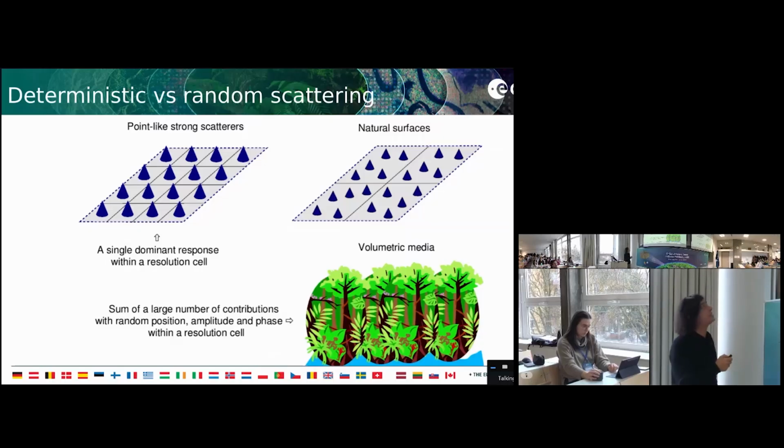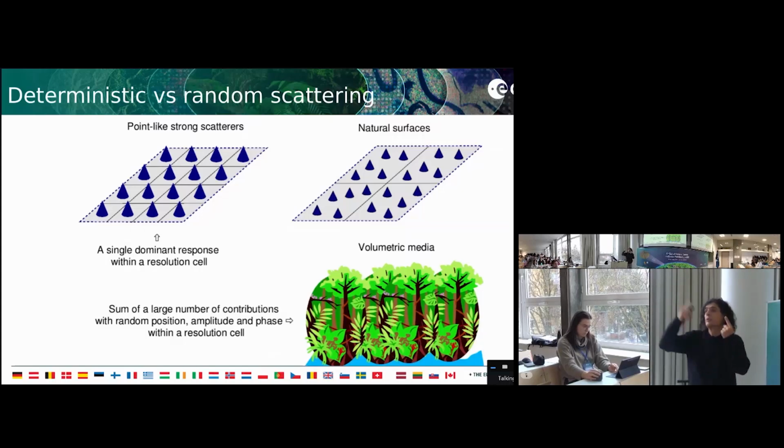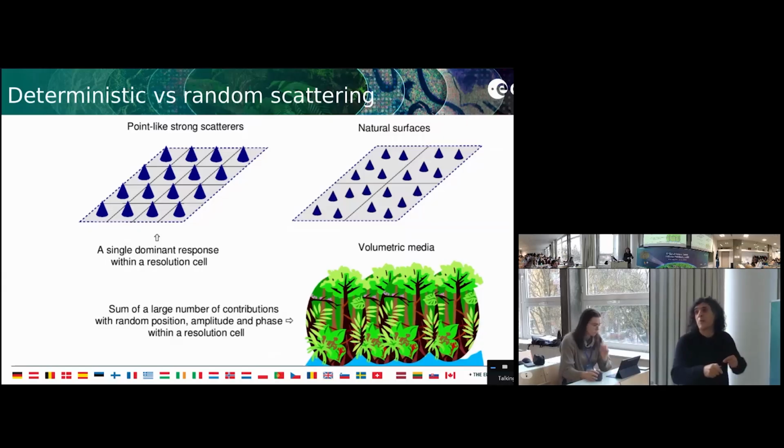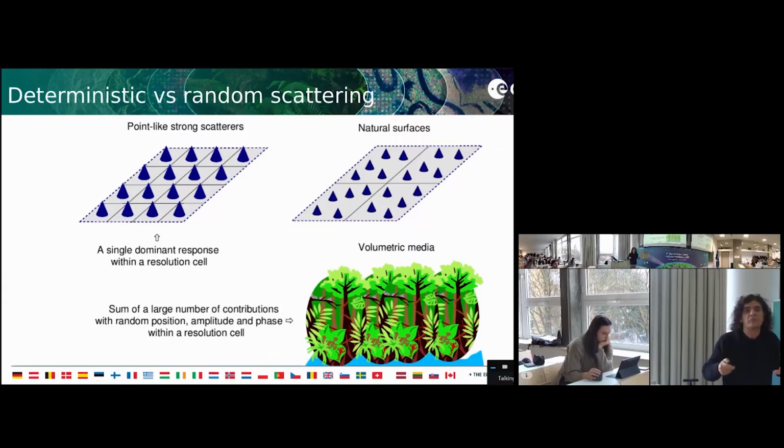In this case, we will have what we call a deterministic response, which I will explain later. We have one scatterer whose response dominates the response of all the others. The other extreme case is natural environments, where within the resolution cell you have scatterers which have similar importance.